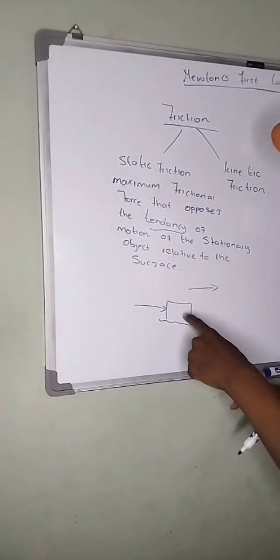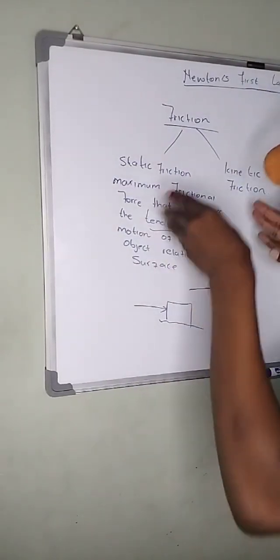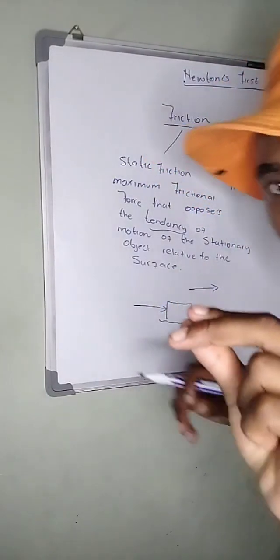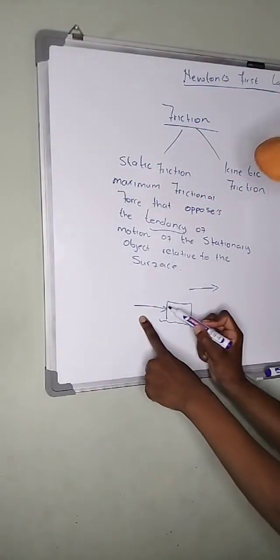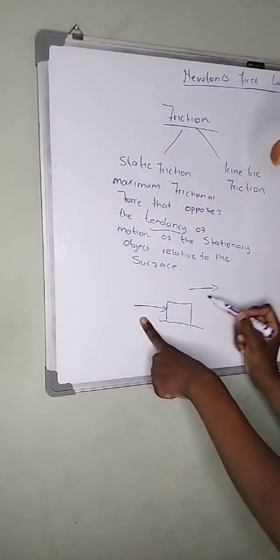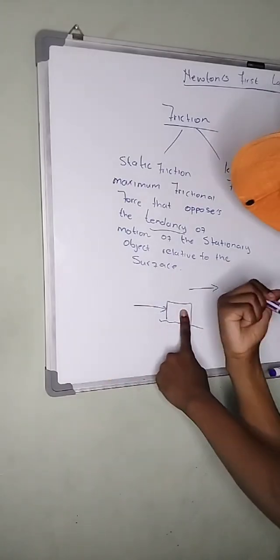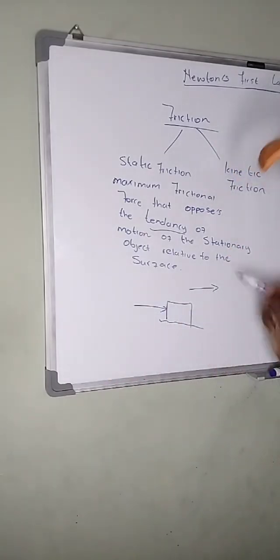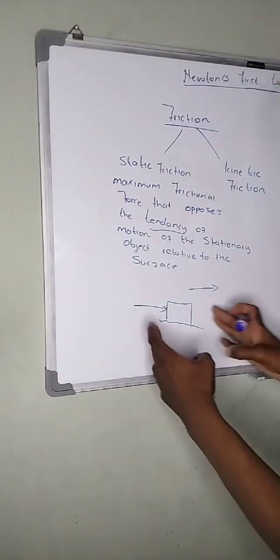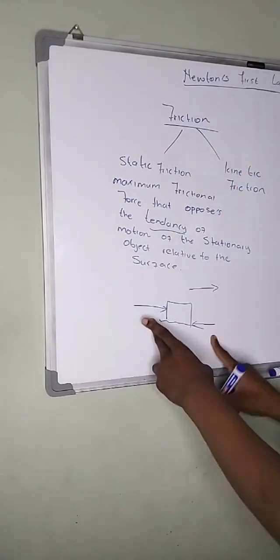That's why I want to make sense with this equation, because for me the definitions are very important. So this frictional force opposes the tendency: if I'm pushing this object in that direction, it has a tendency of going to the right, but it doesn't go. It remains stationary. It means the friction here is going to be what?